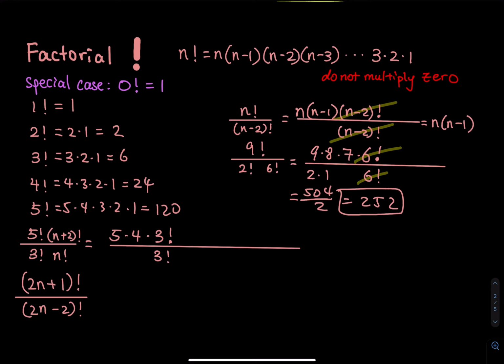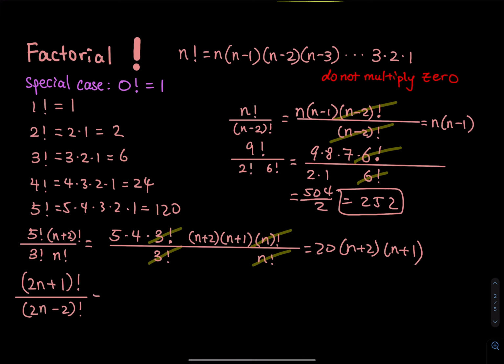And then the n plus 2, we start at n plus 2, and then 1 less than that, n plus 1, and then 1 less than that, n. So we have an n, but we stop there. So that is n factorial. And then we divide it by n factorial. We get rid of these, and that is equal to n plus 2 times n plus 1. That's it. How about the last one?